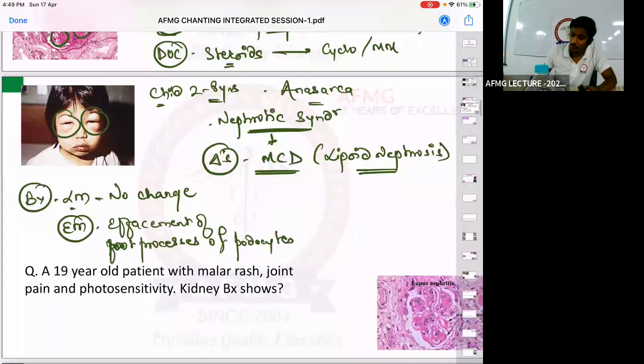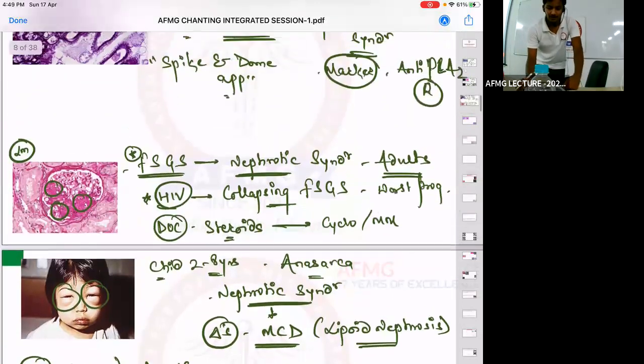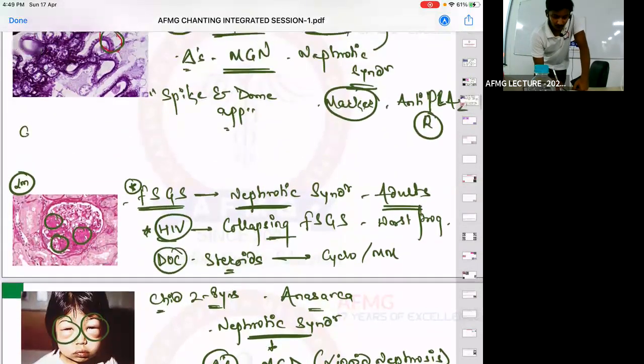Now please tell me what is seen on biopsy of collapsing FSGS. This is important. Biopsy of collapsing FSGS will show effacement, and in addition, podocyte hyperplasia.